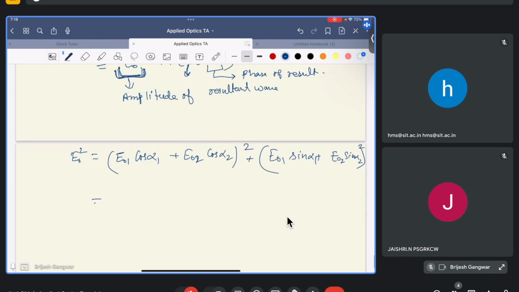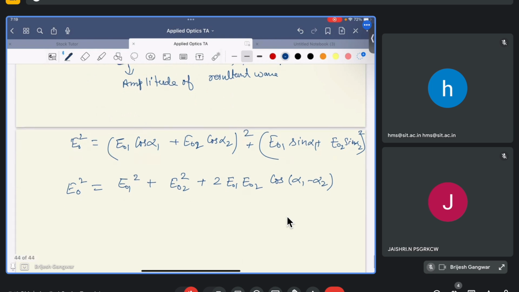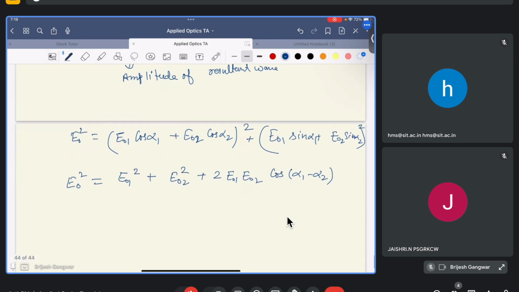So if you open this term, I think you should come up to this term: E01 square plus E02 square plus 2 E01 E02 cos (alpha 1 minus alpha 2). You will come like this or not? Most probably you will come to here.